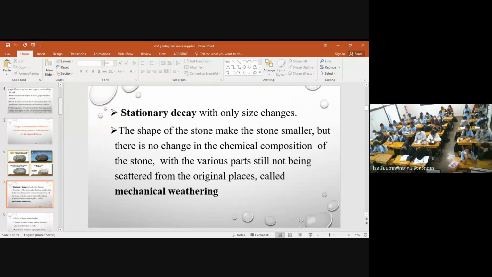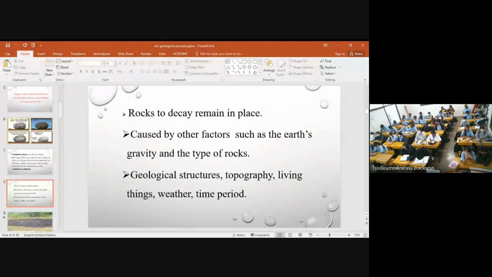The various parts are still not scattered from the original place, which is called mechanical weathering. We will discuss mechanical weathering later. So the rocks decay but remain in place, caused by other factors such as gravity and the type of rock.